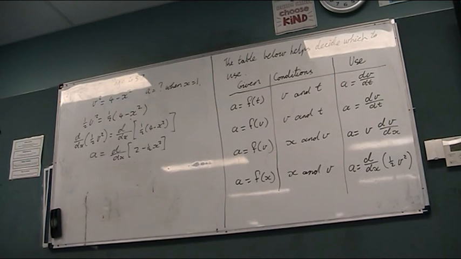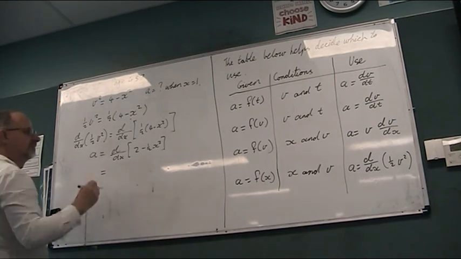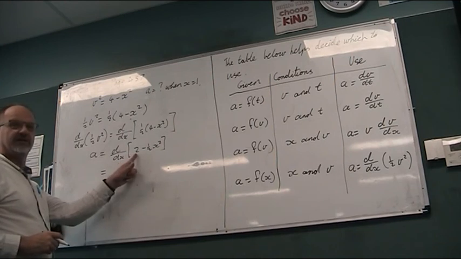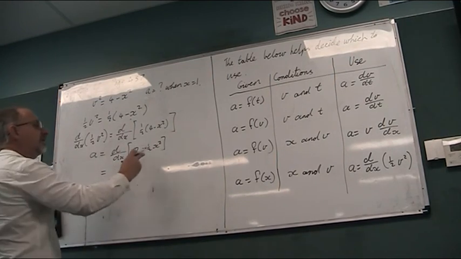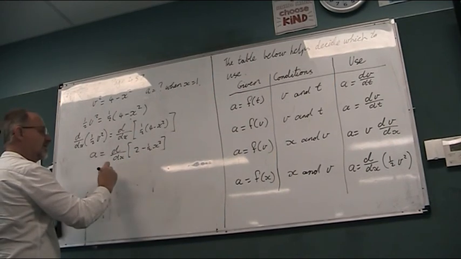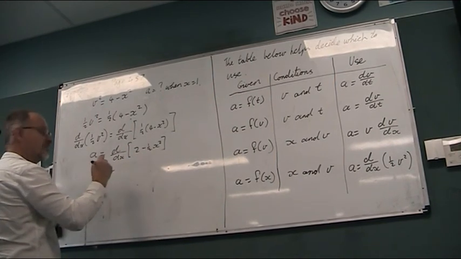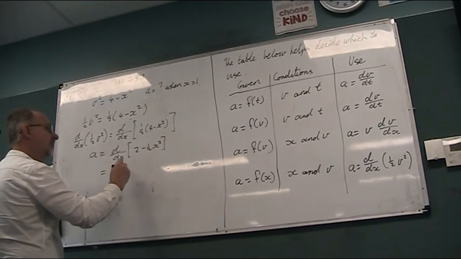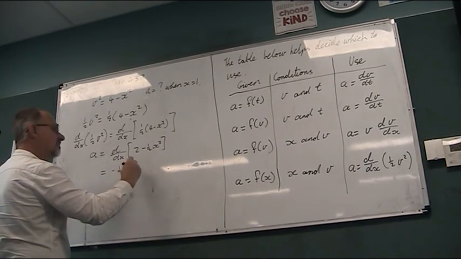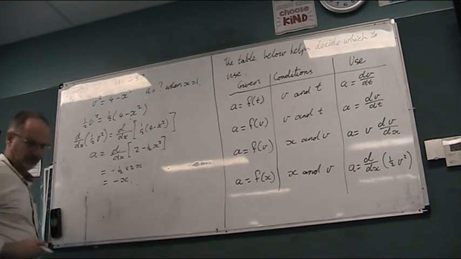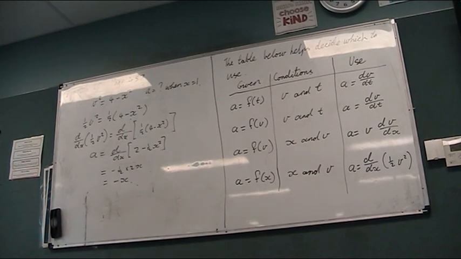Differentiate that, what do I get? 2 becomes 0. Minus a half times 2x. Negative x, yeah.